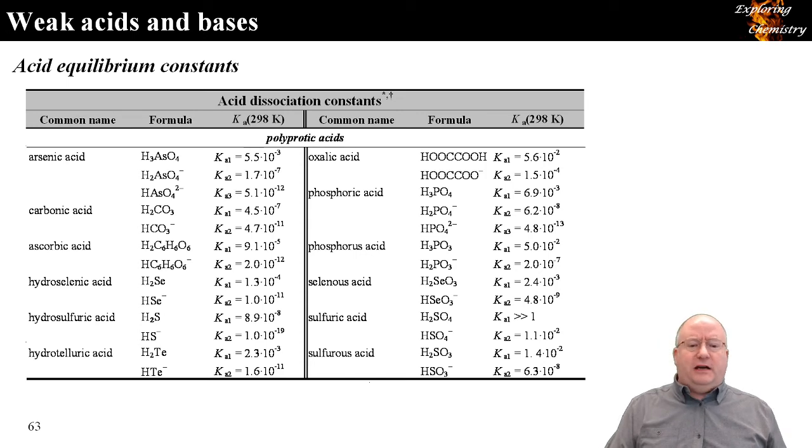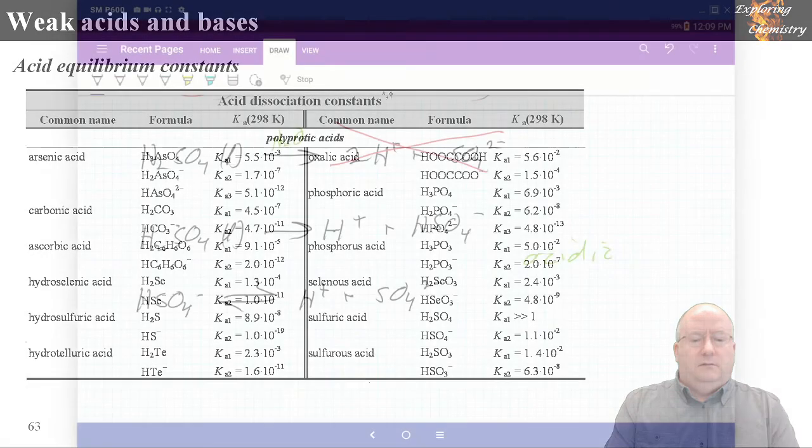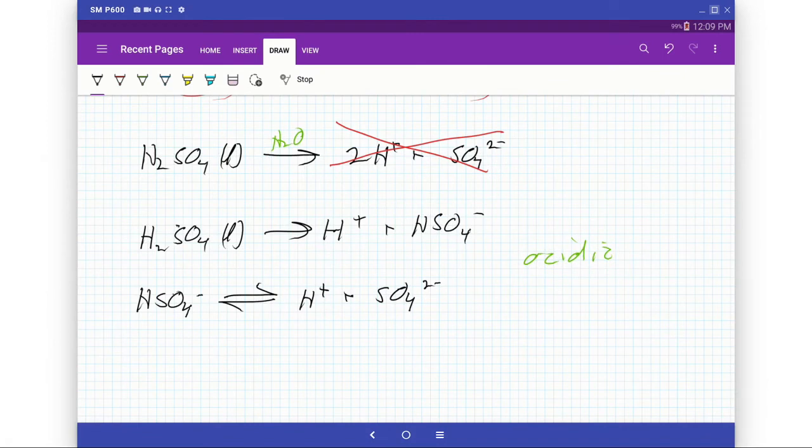The second proton, Ka2, has a Ka value of 10 to the minus 2. It is weak. It is a Ka value less than 1, so it favors HSO4- over SO4 2-. So in the second one, the left-hand side, the reactant side, is favored.